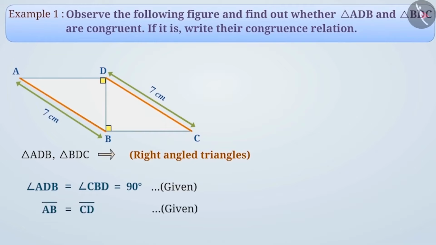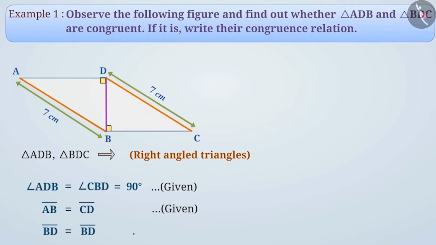Do you realize anything else by looking at the given figure? Give it a thought. Absolutely correct. The side BD in both these triangles is common. That is, BD is equal to BD.